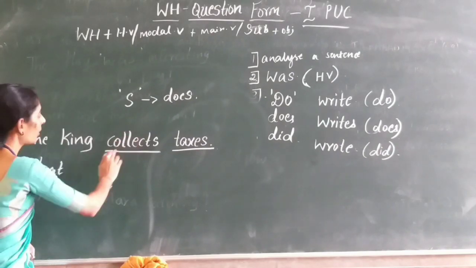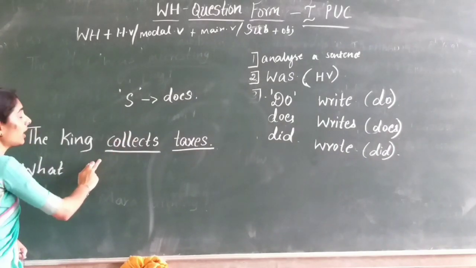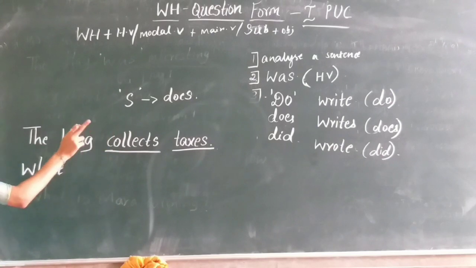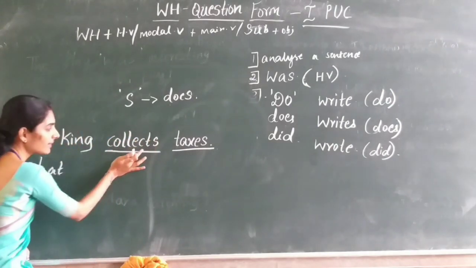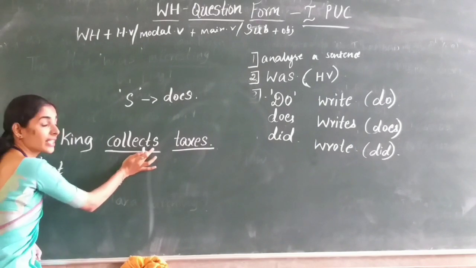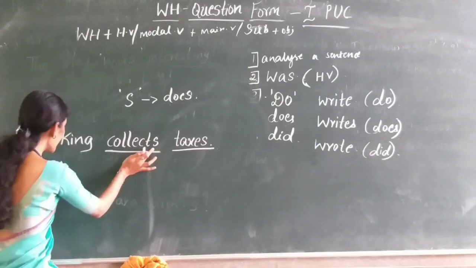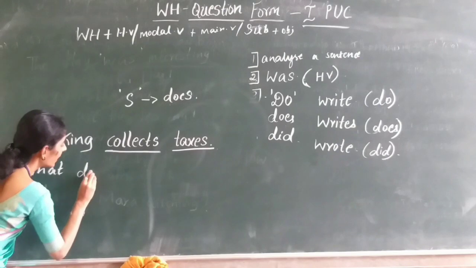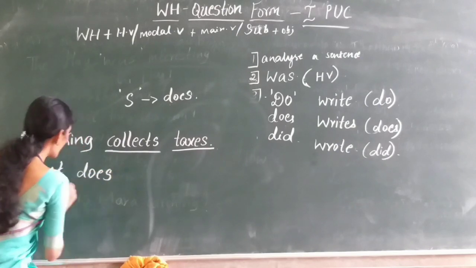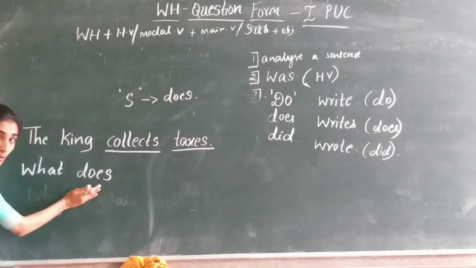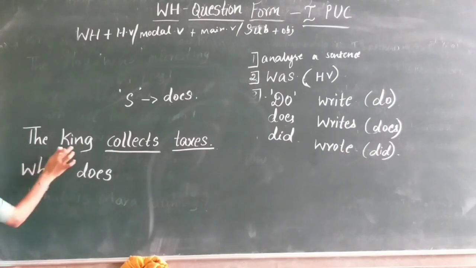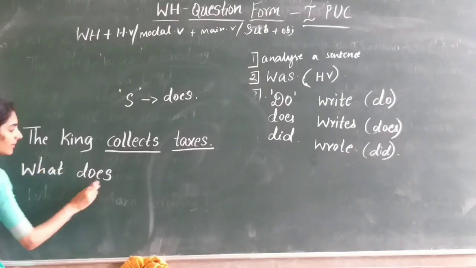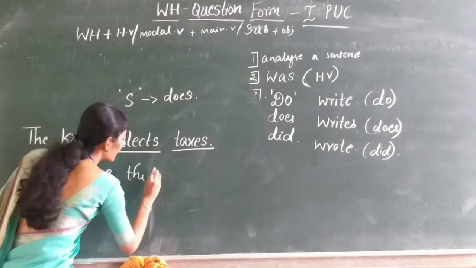Now we don't have a be form or modal verb, so we have to write the right form of do. So we have taken does. Since here this is collects, it should take does, and after does there should be the subject. So which is the subject here? The king. What does the king?